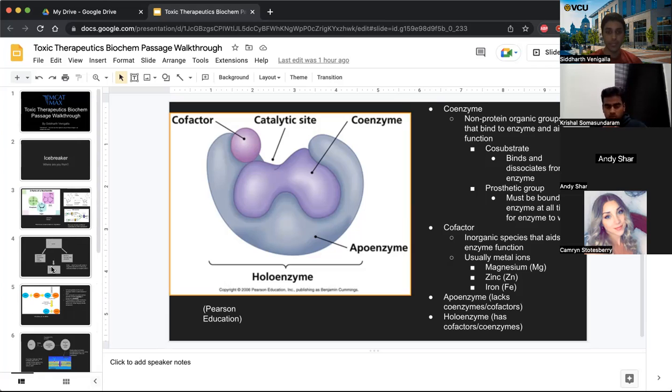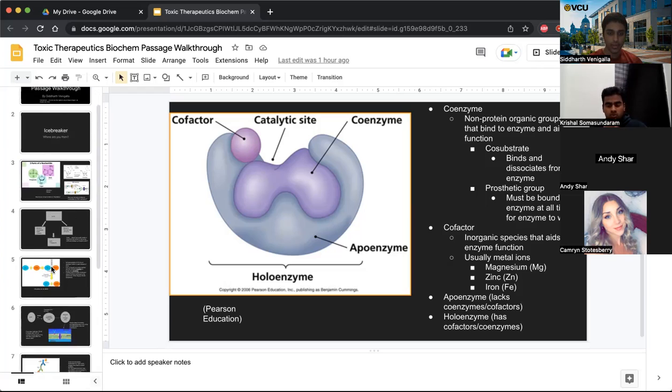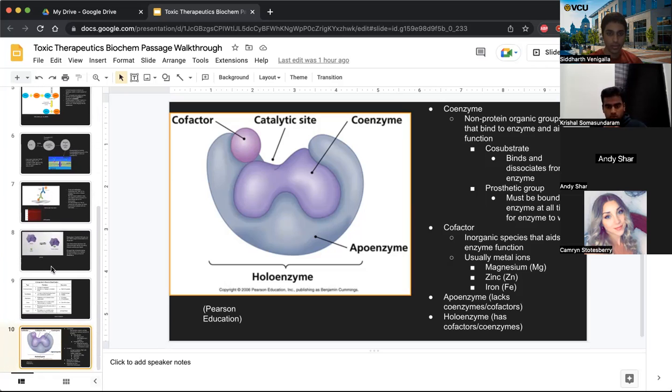This may be a little unrelated, but how do metal ions like magnesium, zinc, and iron help the function of an enzyme? Yeah, that's a great question. You know how a protein has amino acids, and so it has side chains? The cofactor interacts with the side chains to make sure they're in the right position for the reaction to occur.